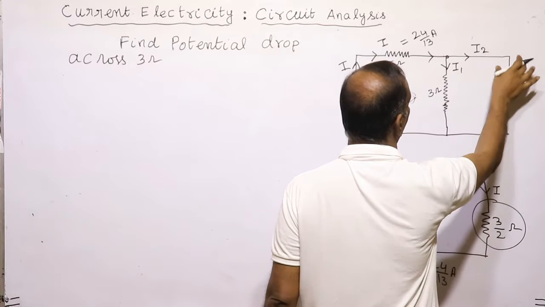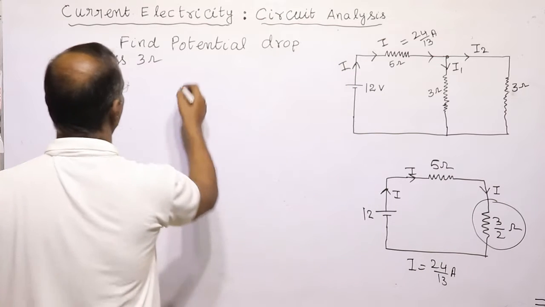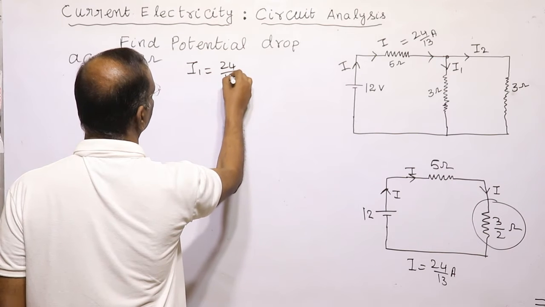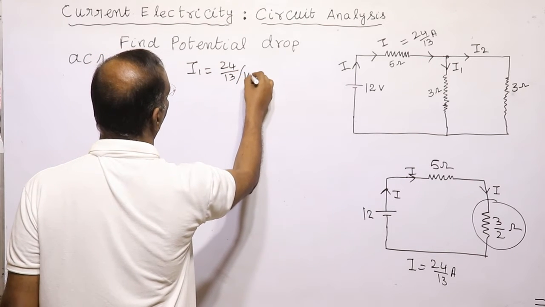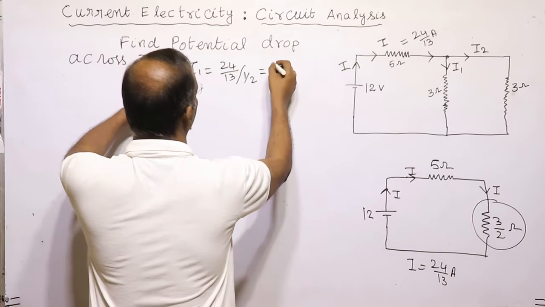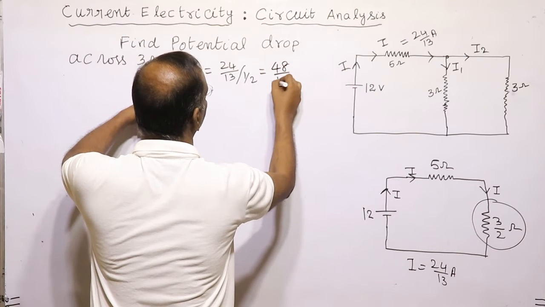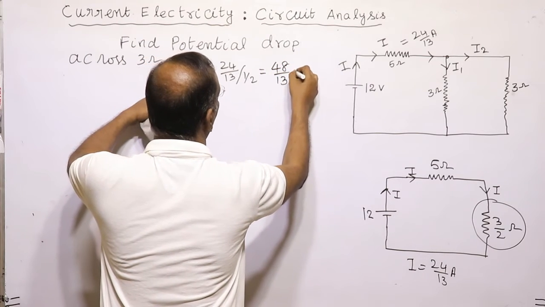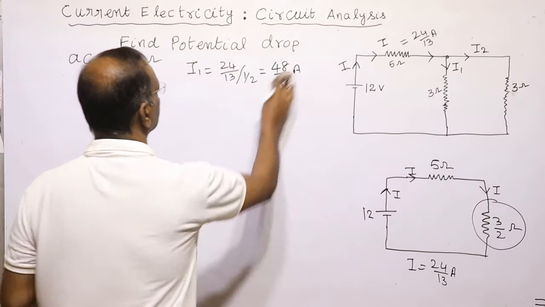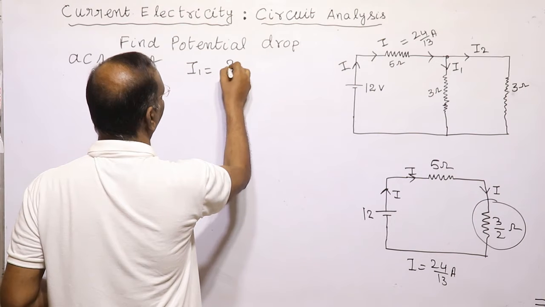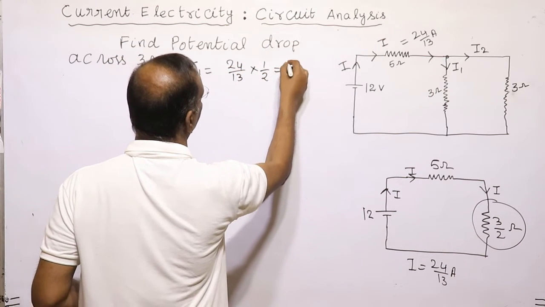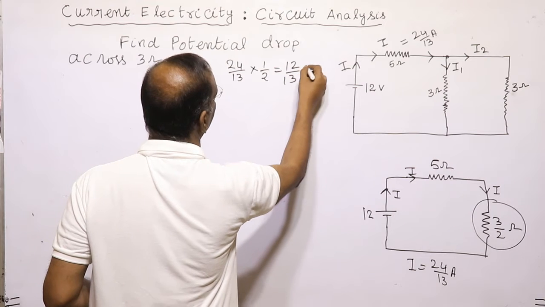Half will flow here, half will flow here. Therefore, I1 is equal to half of 24 by 13, which is 12 by 13 ampere.